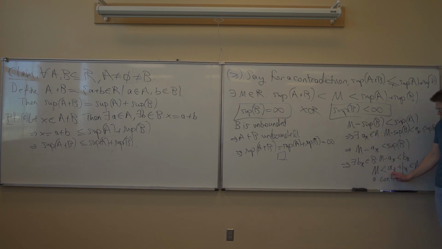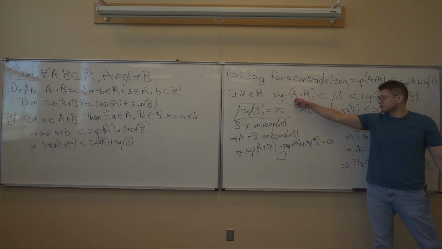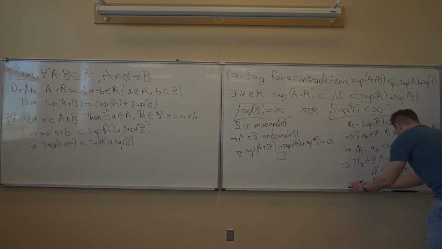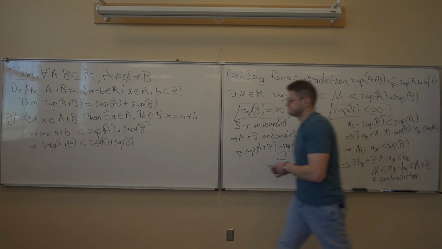If you want, you could also say this. A star plus B star is dominated by sup of A plus B. Maybe I should write it like that. Let me write it here.